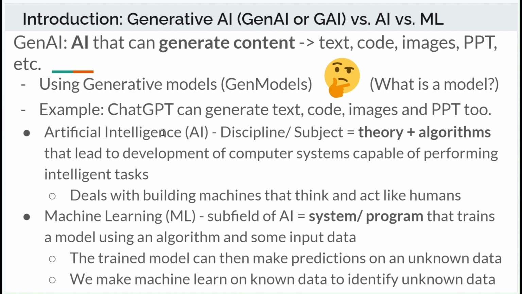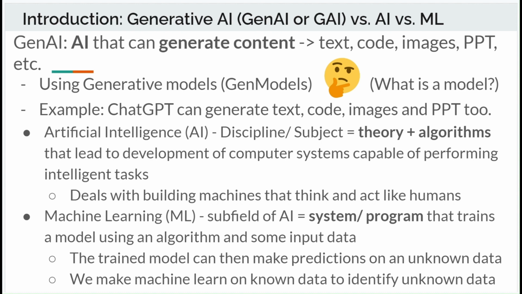So, AI or artificial intelligence is actually a discipline or subject which is made up of theory and some algorithms. Okay, so algorithms are basically a certain way of doing a particular thing, right? So, it has theory and certain algorithms that lead to development of computer systems capable of performing intelligent tasks.